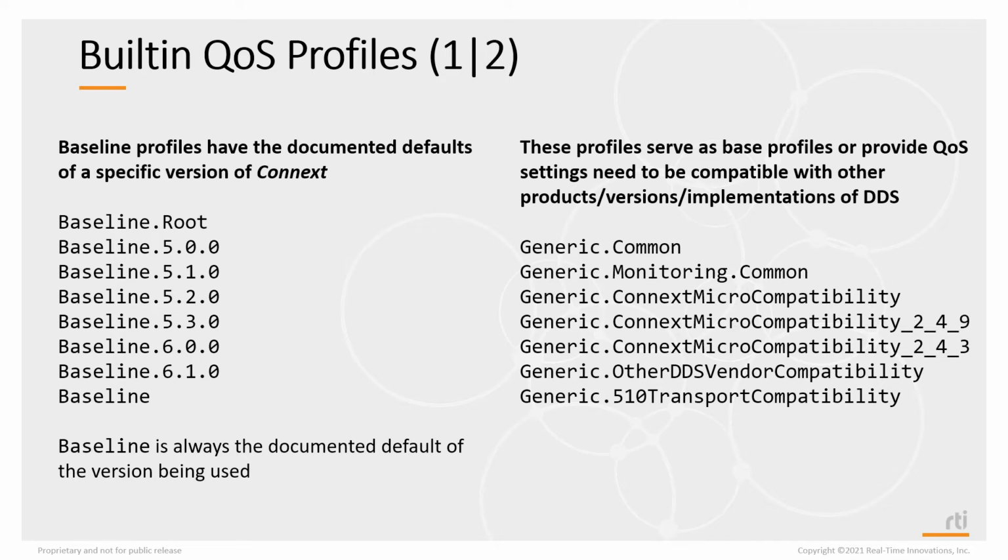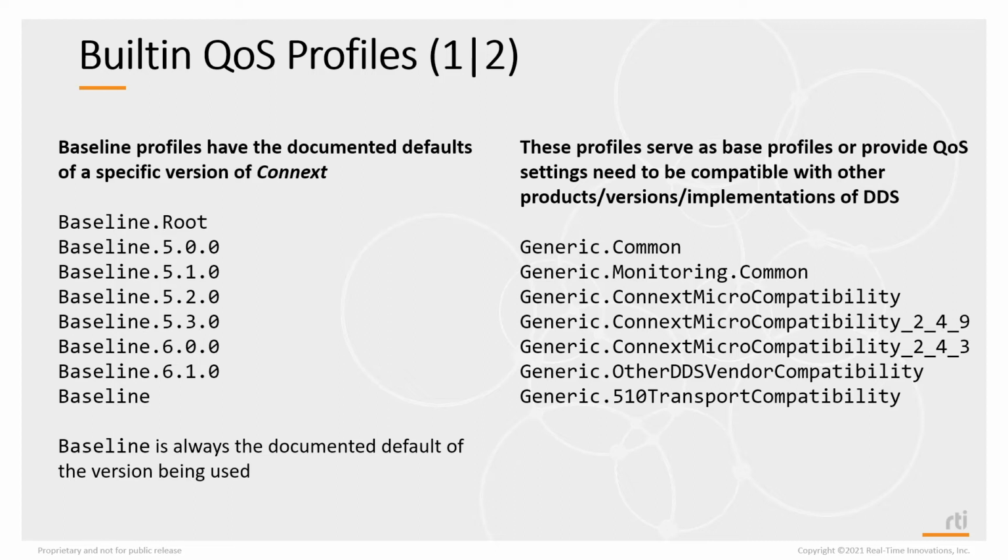We have other profiles that can serve as base profiles that you can inherit from that will provide compatibility between your application and other DDS products and or other DDS vendors. For example, we have Connext Micro compatibility.